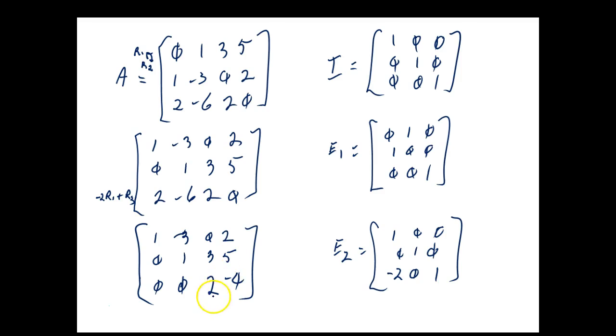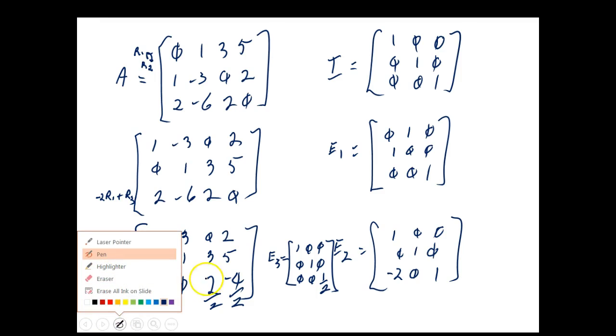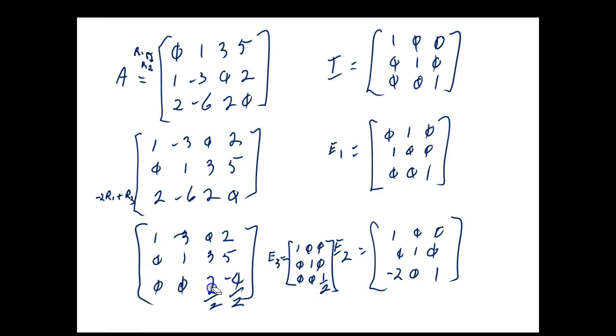Your E3 would be 1, 0, 0, 0, 1, 0, and the last row scaled by a half. Now that has gotten it to row echelon form, and to keep from writing everything again, I'm just going to write that as a 1 and that's a negative 2.